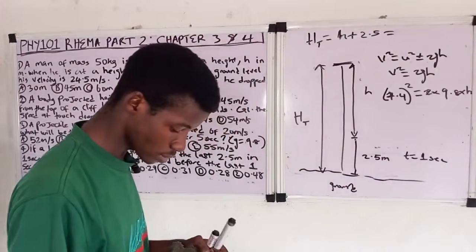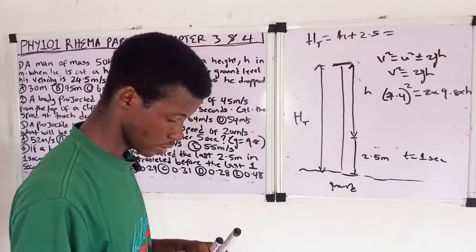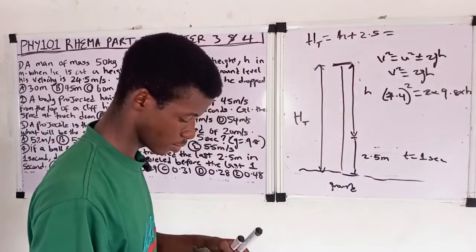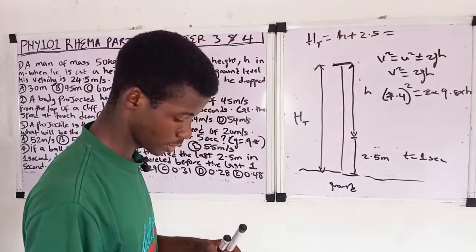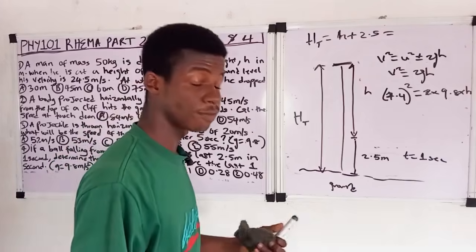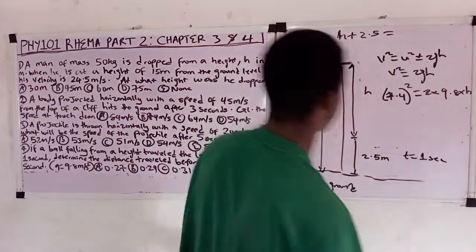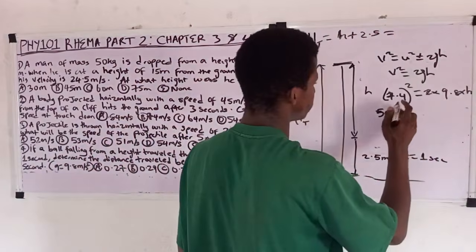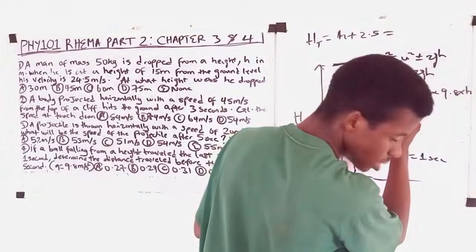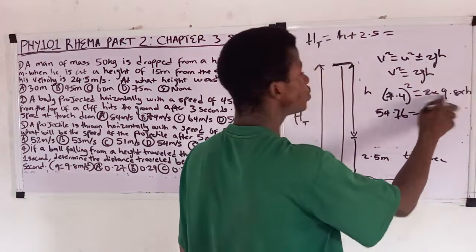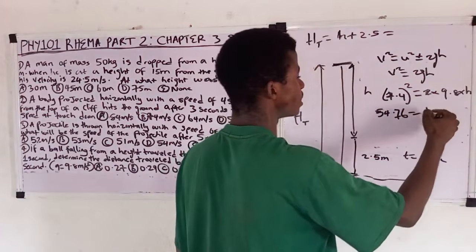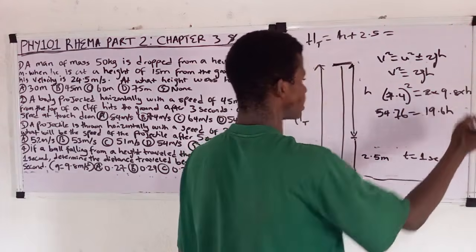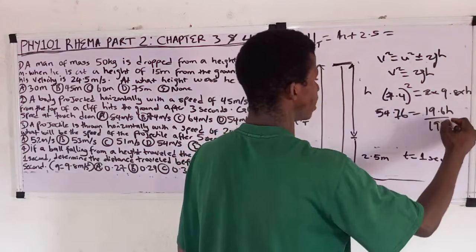7.4 squared is 54.76. Okay, 54.76 is equal to 2 times 9.8, which is 19.6, then times the height.